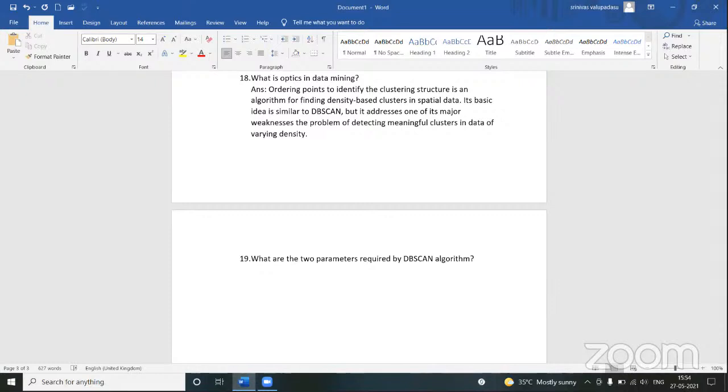Epsilon is the radius of the circle to be created around each data point to check the density, and minimum points is the minimum number of data points required inside the circle. These are the two parameters.